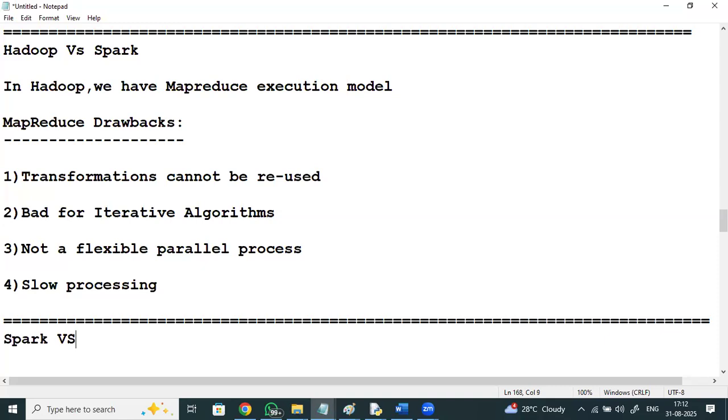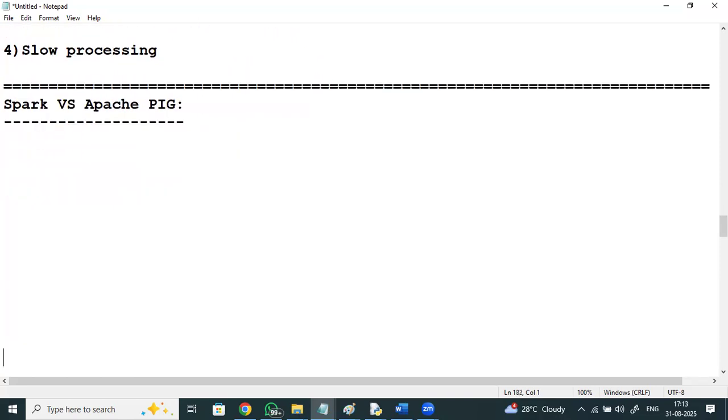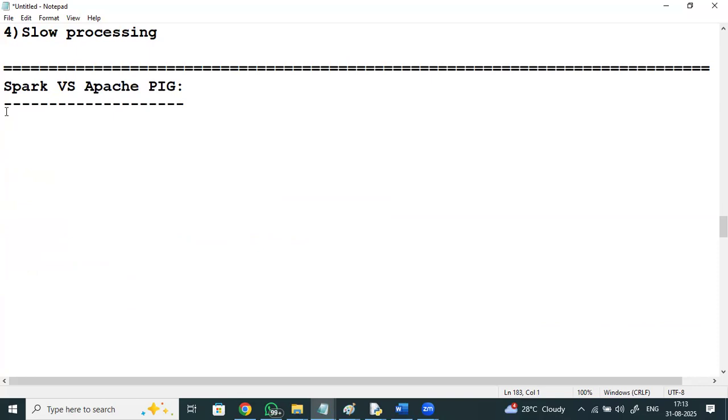Spark and Apache Pig, right? Apache Spark and Apache Pig.